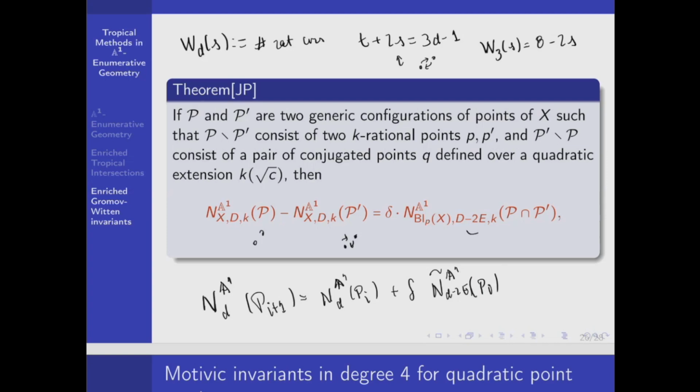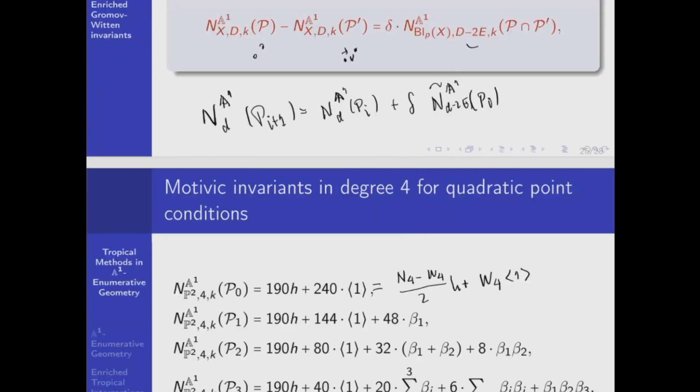So, if I want to compute now M4 of P1, so having one pair of conjugated points, this is the invariant from P0 plus a multiple of the invariant from the blow-up.